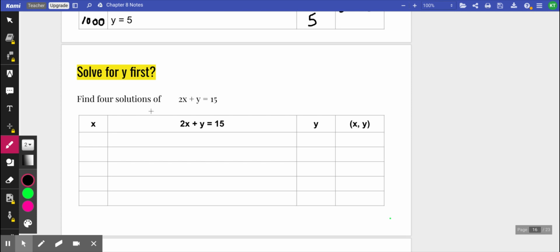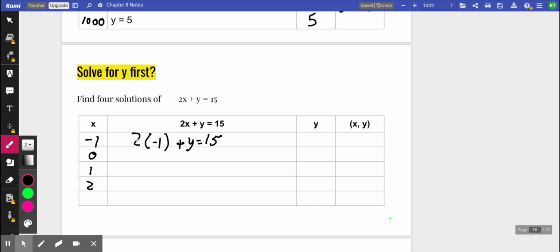So let's first look at it without. So let's just do 0, 1, 2. Back up. I told you already what the answer keys are going to be. It's going to be -1, 0, 1, and 2. So let's just do that. So we're saying 2 times -1 plus y equals 15.